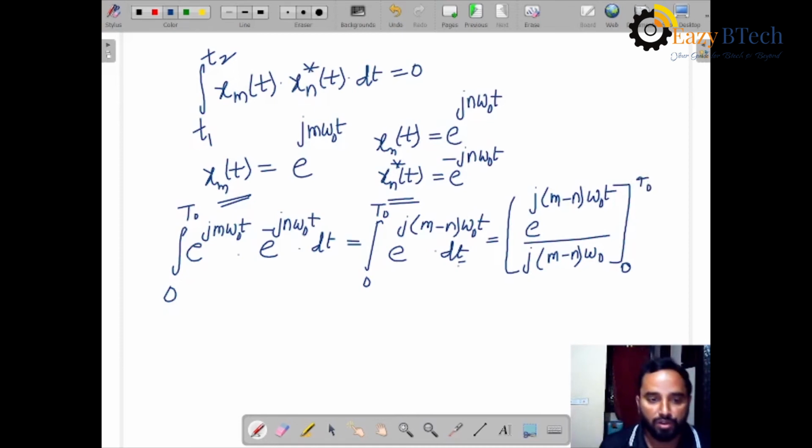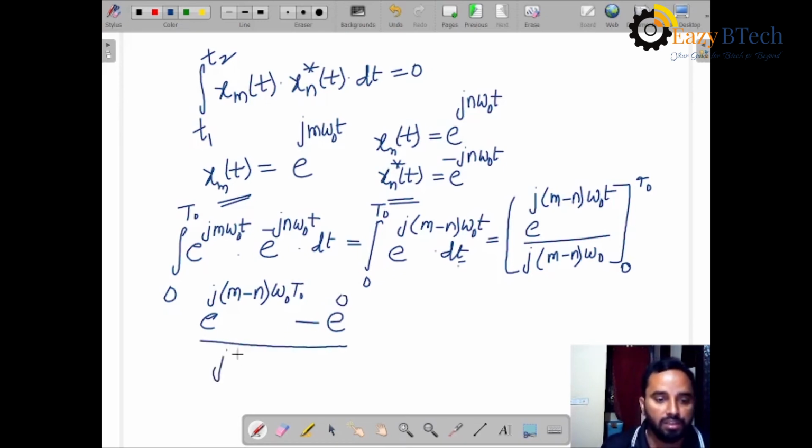Now substitute the upper and lower limits. The upper limit is t naught, so e power j m minus n omega naught t naught, and the lower limit is 0, so e power 0 is 1, divided by j m minus n omega naught. Here m and n are integers like 1, 2, 3 and so on.